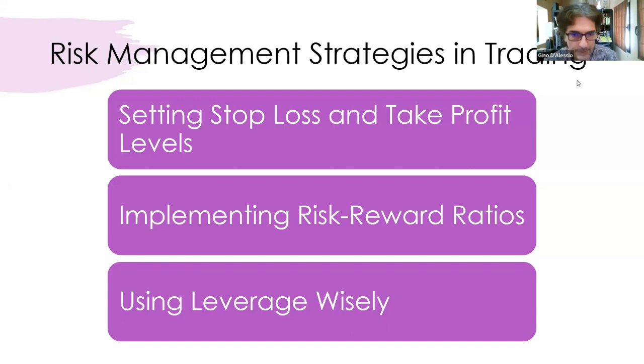Possibly the most important thing is setting a stop loss, and stop losses have to be what we call a hard stop loss. What we mean by a hard stop loss is that when you place your order, you also place an order to exit the trade when it loses X amount of money.